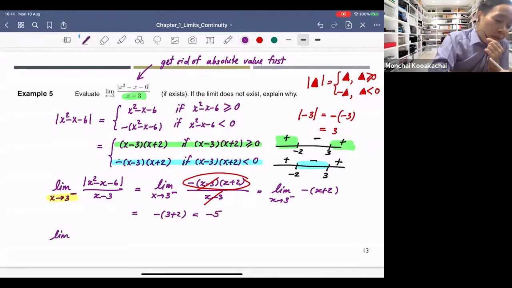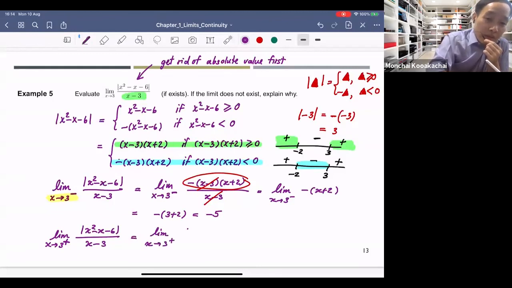Now we're going to compute the limit as x goes to 3 from the right. In this case, this time I'm going to use the green function. So it's going to be (x minus 3)(x plus 2) over (x minus 3).